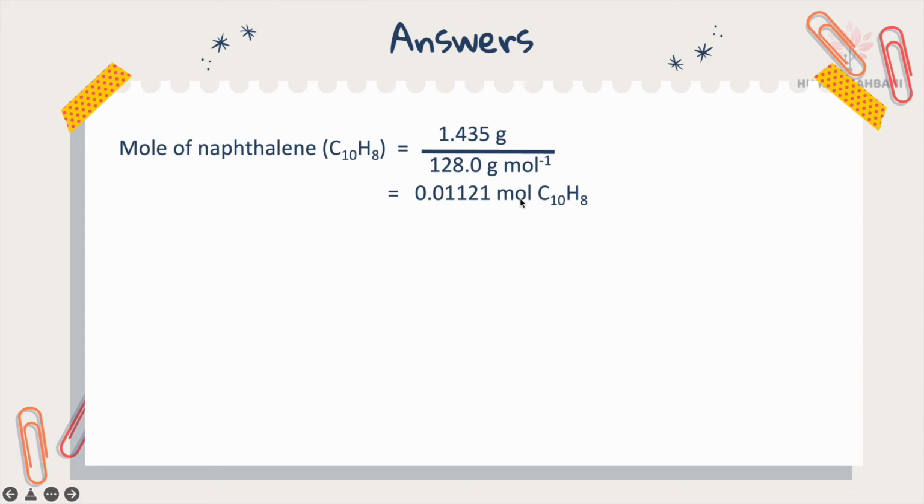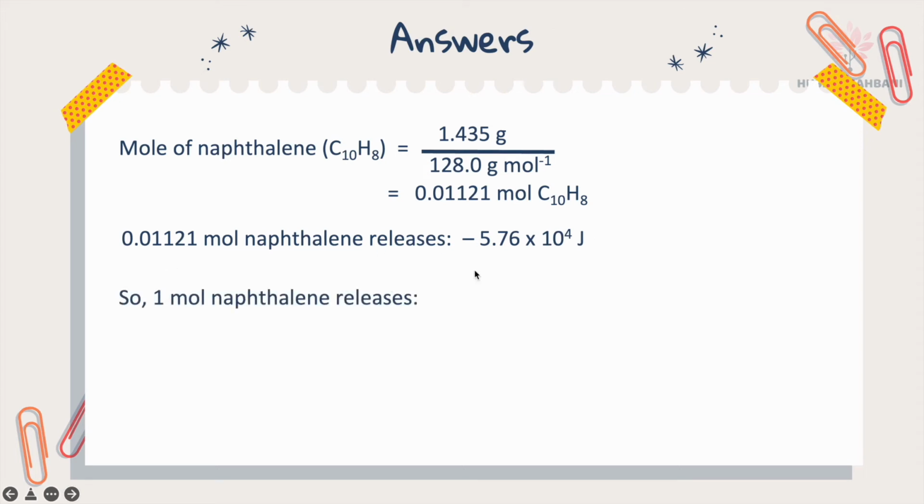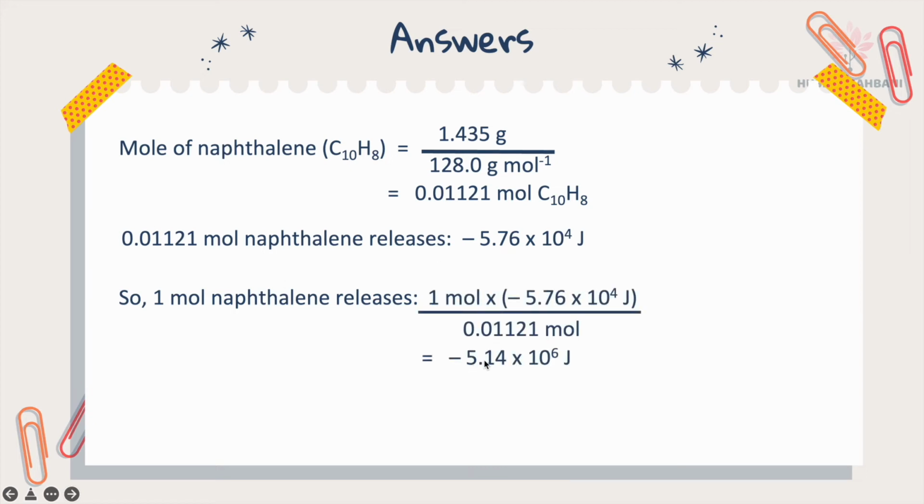The question asks for 1 mole. You just compare: 0.01121 mole releases about negative 5.76 times 10 to the power of 4 joule. If we need 1 mole, then you have to cross multiply, and you will get the answer of 5.14 times 10 to the power of 6 joule per mole.